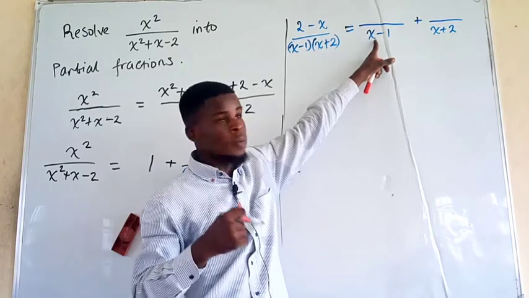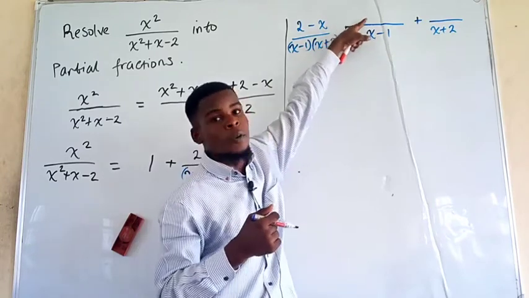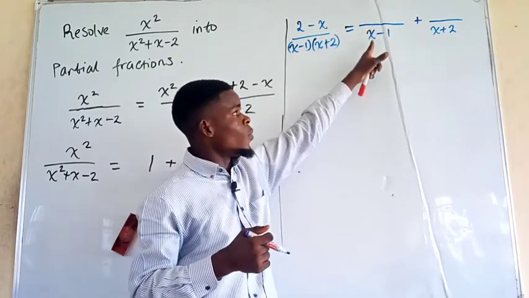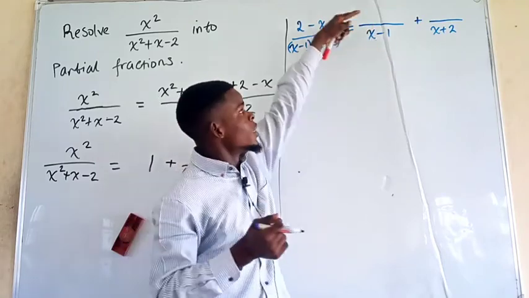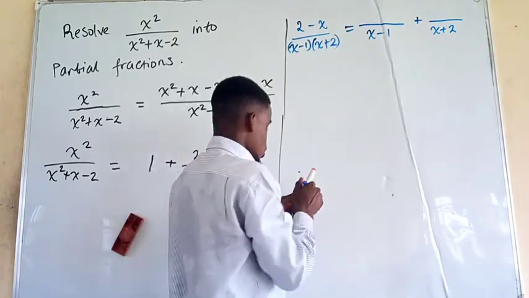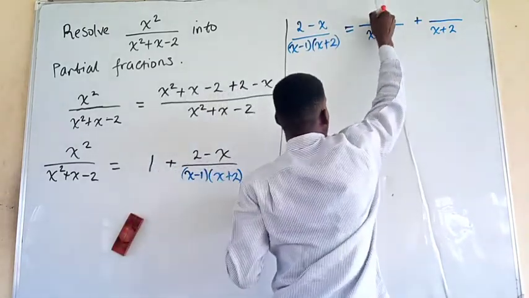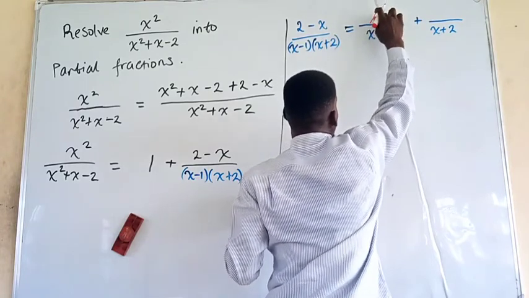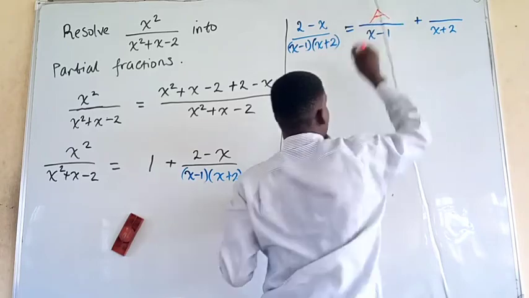So if here is power 2, here should be power 1. Since this is just to power 1, here we are going to have power 0, which is just a constant, and we put it down as just A, denoted with a capital letter. Let me put this over here.